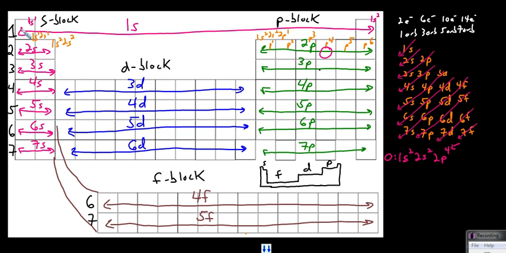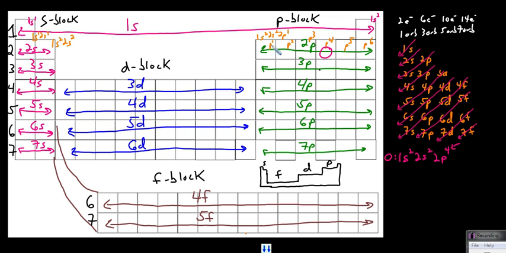So hydrogen and helium were in this S block. They were filling in the 1s subshell, and then lithium right here filled the 1s subshell and started filling the 2s subshell. Then beryllium did 1s2, 2s2, and then boron next was 1s2, 2s2, 2p1.